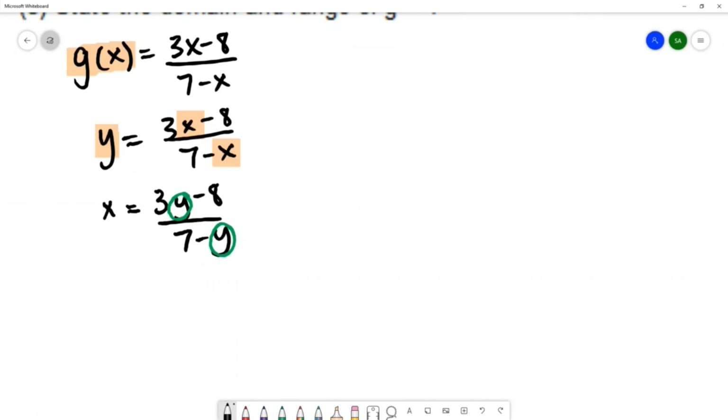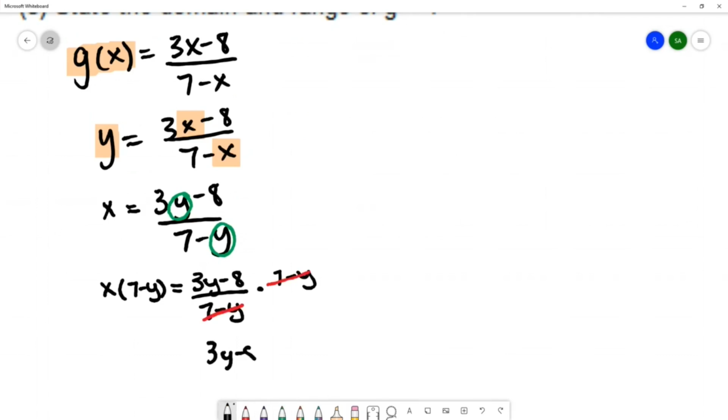On the left I have x times 7 minus y, and on the right I have 3y minus 8 over 7 minus y, times 7 minus y. On the right, this clears the fraction, leaving me with 3y minus 8. And on the left, I'll use the distributive property, and that gives 7x minus xy.